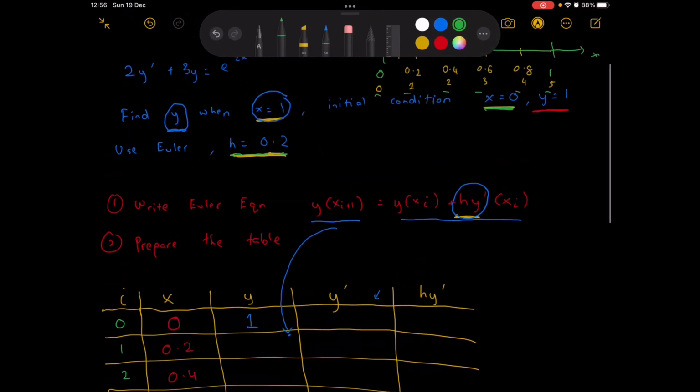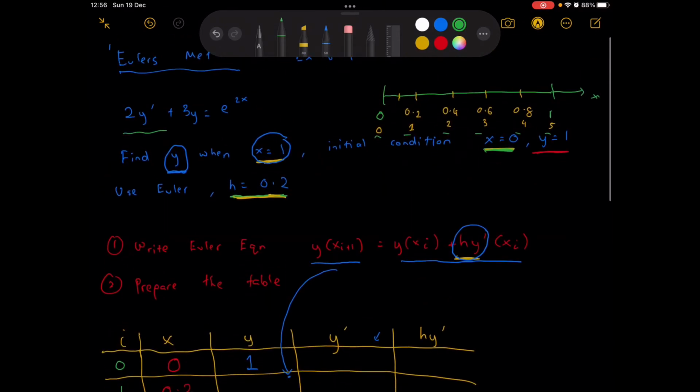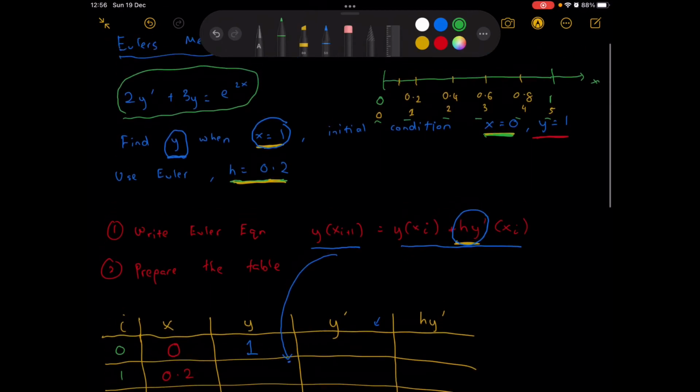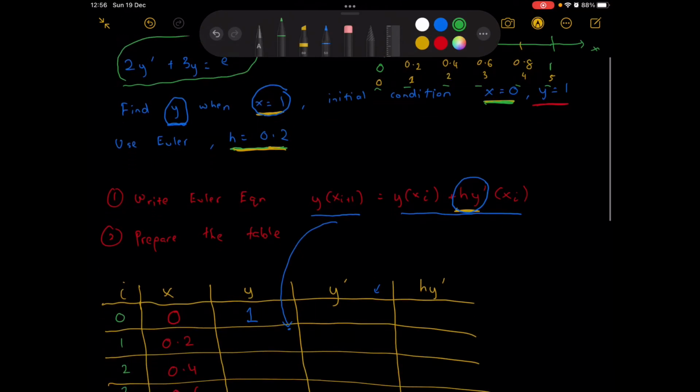From the equation given in the question, 2y prime plus 3y is equal to e to the power of 2x. So if I write back that equation, 2y prime plus 3y equals e to the power of 2x.